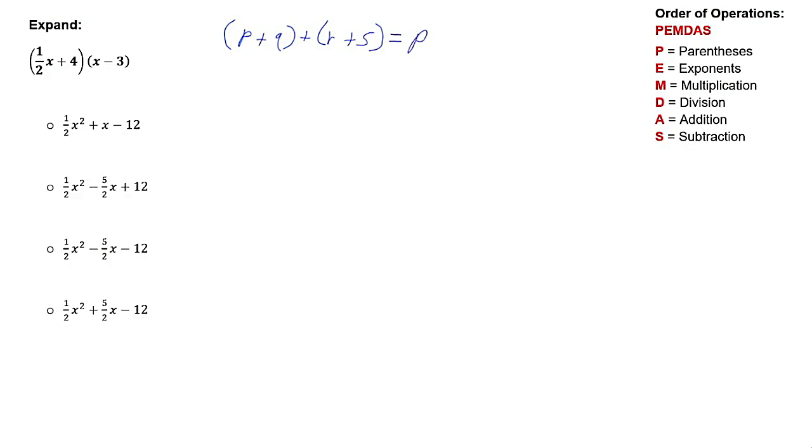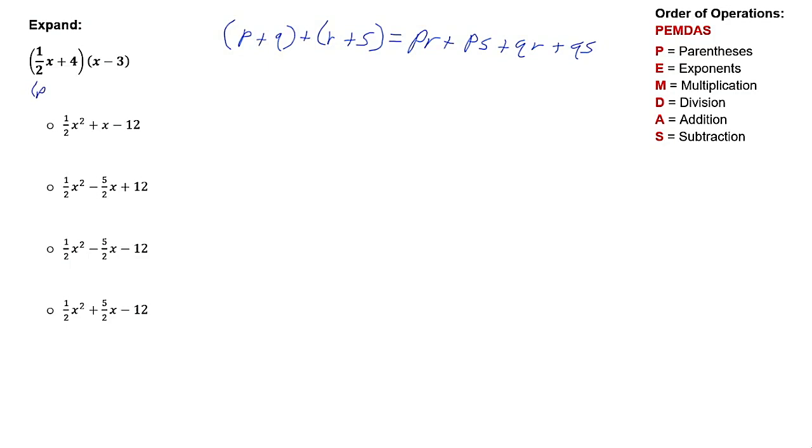Take that outside piece first, p times r plus p times s. Then we'll go to the inside, q times r plus q times s. So let's apply that to the problem.